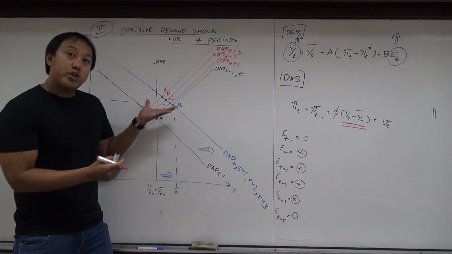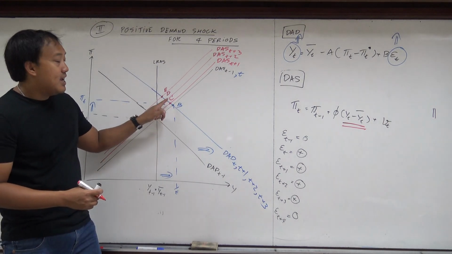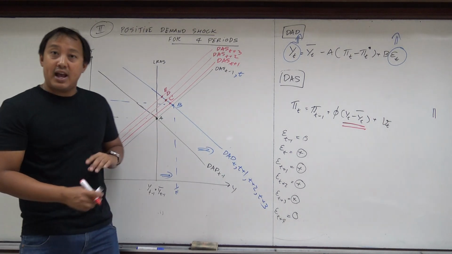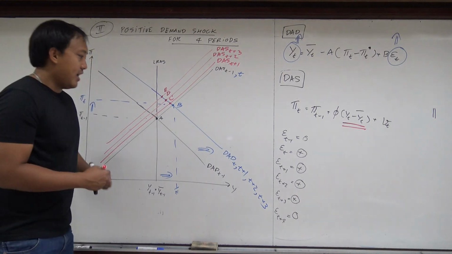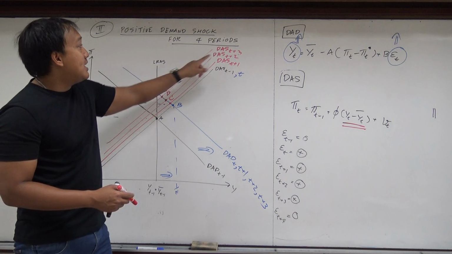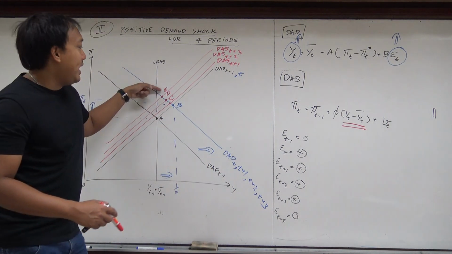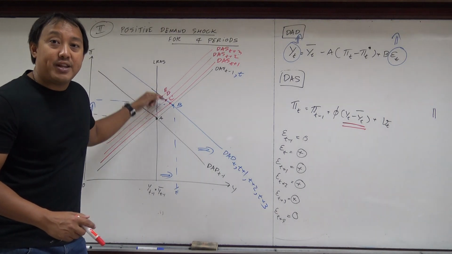Let me put the red line going to the right a little bit. So you have B, C, D, and E. Okay, so it's good. This is point E, DAS T plus 3, DAD T plus 3. So point E is going to be the equilibrium point at time T plus 3.